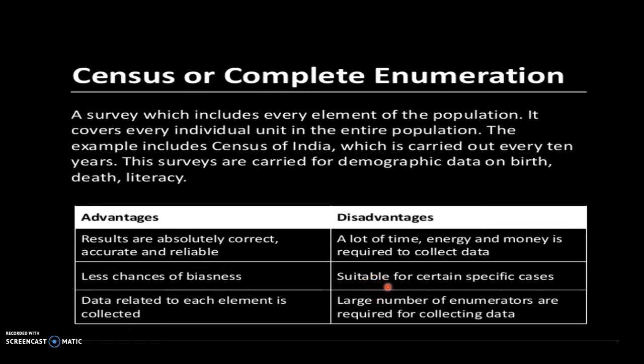Then it is suitable only for certain specific cases. Then a large number of enumerators are required for collecting data. So this data collection is a time consuming, energy consuming and money consuming process.